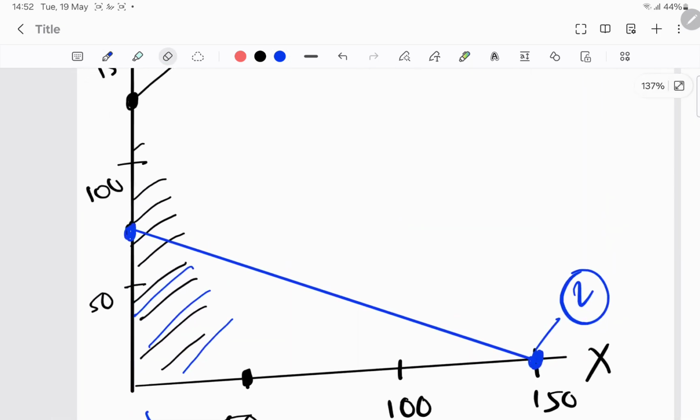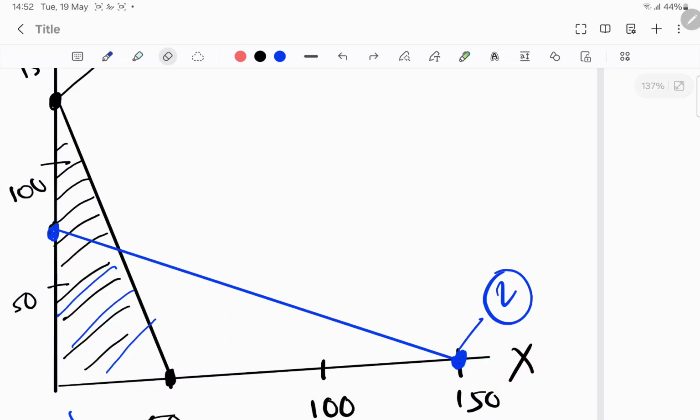In the same way, these black lines above these blue lines are also not feasible, because they are above this line. So it should be below the blue line and on the left side of the black line.